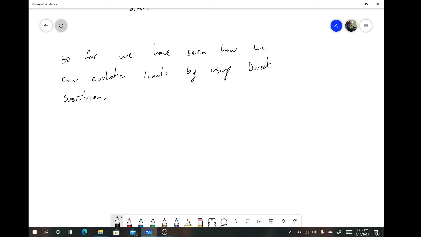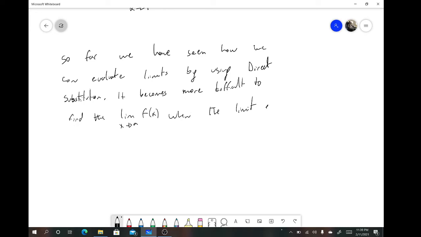However, it becomes very difficult to find the limit as x goes to a of f of x, when the limit exists, but the limit as x goes to a of f of x is not equal to f of a.